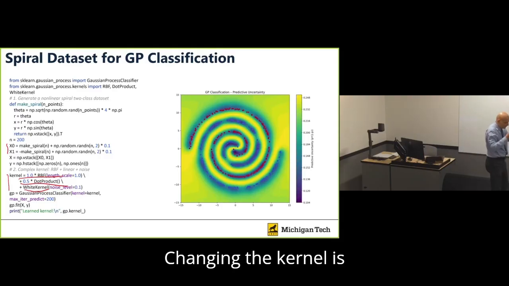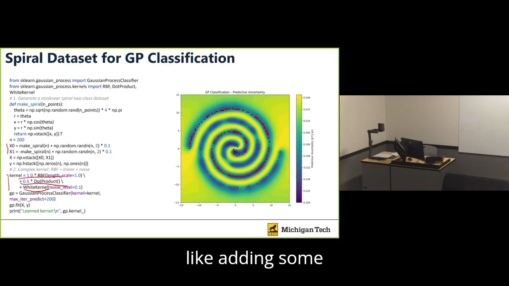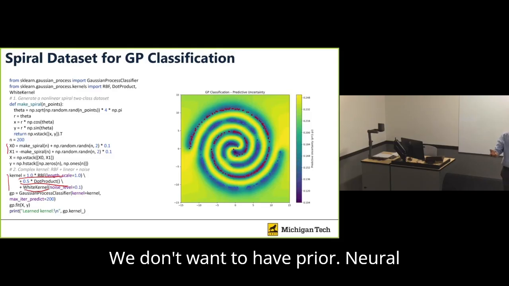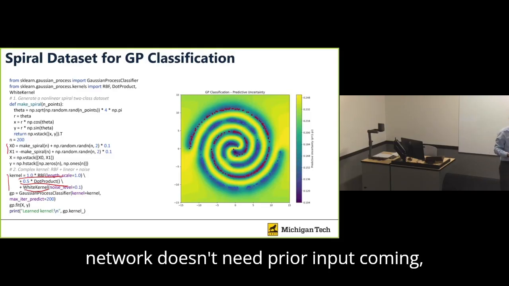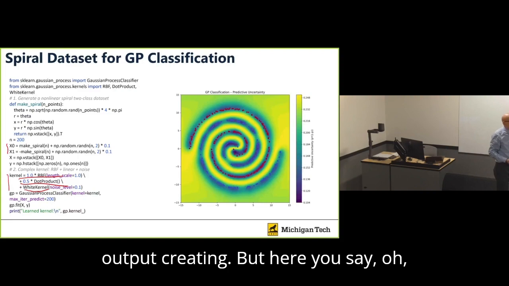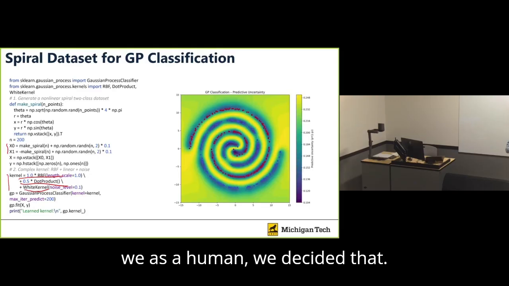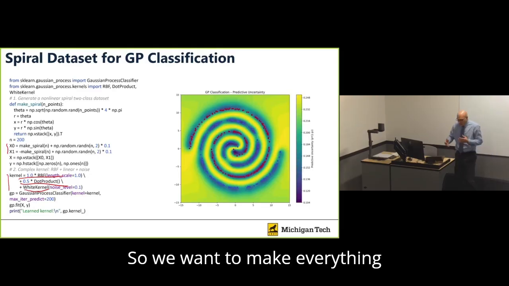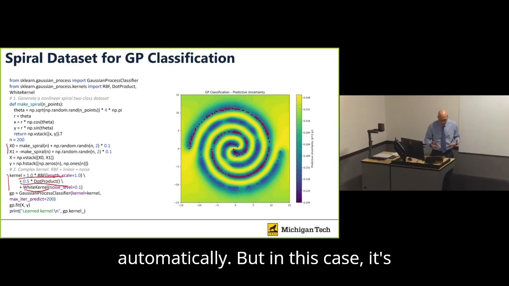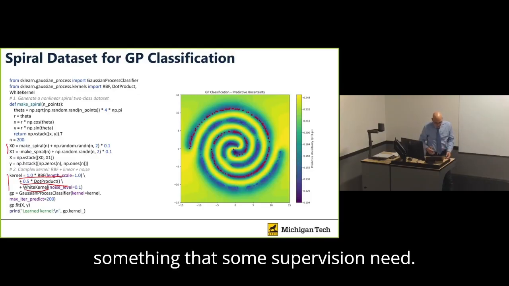Changing the kernel is like adding some extra prior to the system. We don't want to have prior. A neural network doesn't need prior: input comes in, output is created. But here you say, this example needs another kernel, because we as humans decided that. We want to make everything automatic, but in this case some supervision is needed.